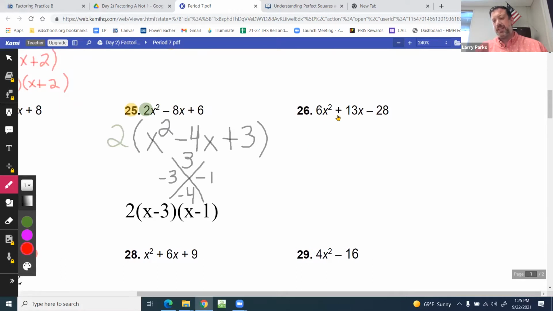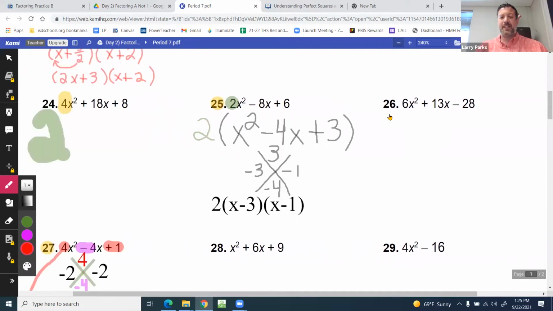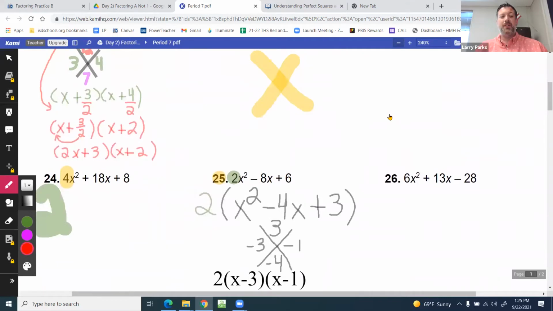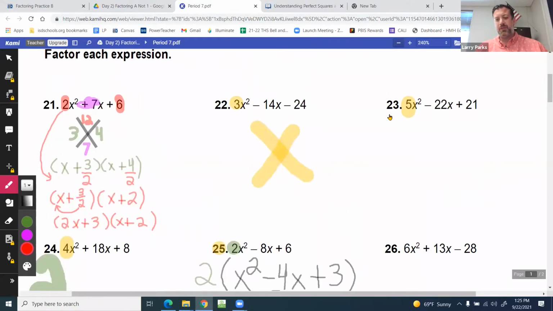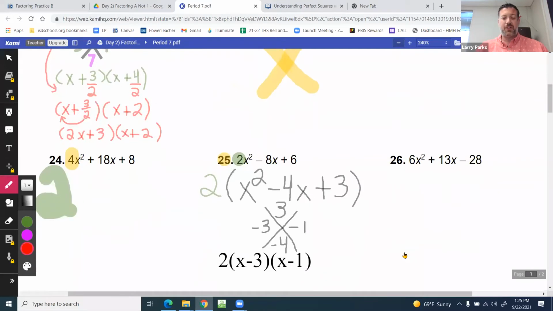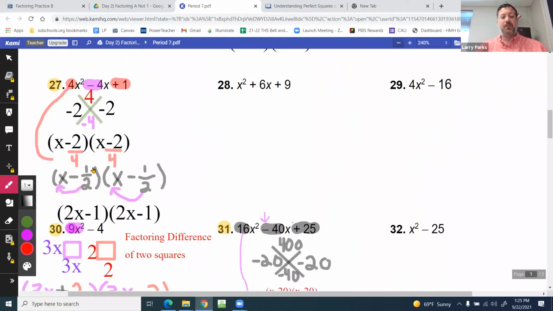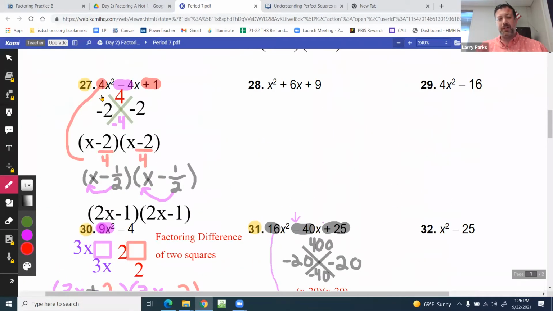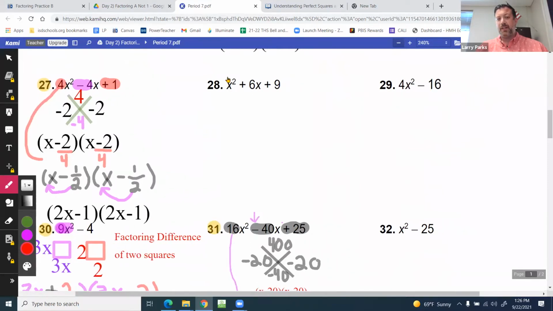26, no GCF, so you're going to do the little x. 6 times 28 is going to be kind of a large number. I should say 6 times negative 28. But notice 21, 22, 23, 24, 25, 26 all have 3 terms, all have a quadratic. And sometimes it's a 1, sometimes it's not, sometimes it has a GCF. 27 is what we call a perfect square trinomial because I could take the square root shortcut. 28 is a perfect square trinomial.